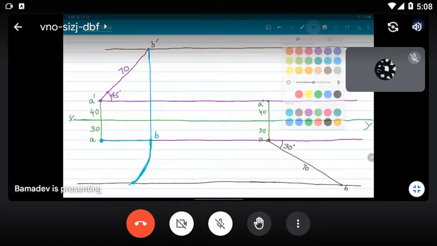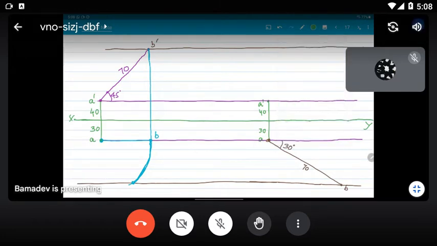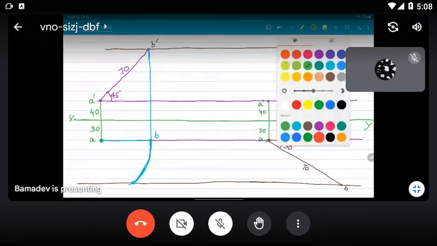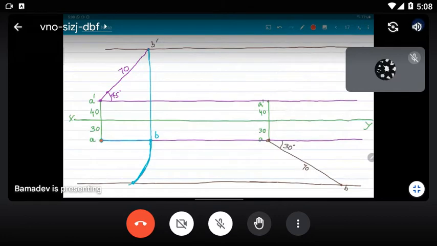Okay, so join this point with this point. Say this is B2, and from B2 draw another projector upon here.